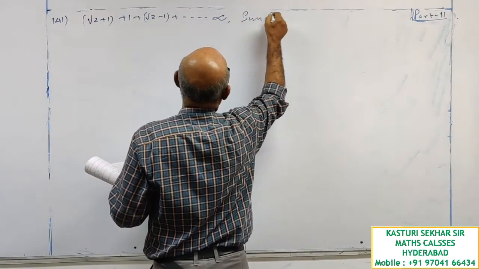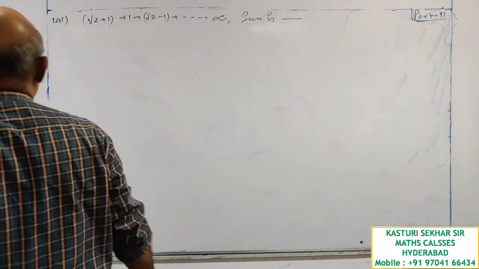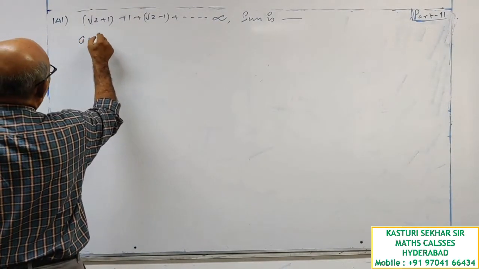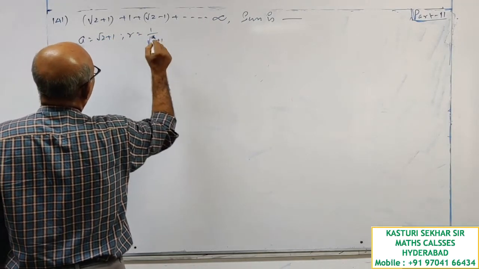Now, here A is equal to root 2 plus 1. Common ratio is 1 by root 2 plus 1.